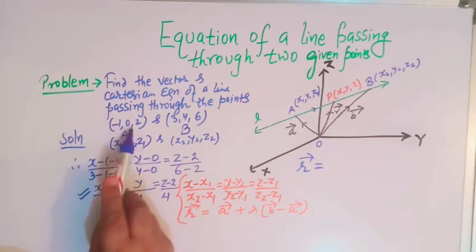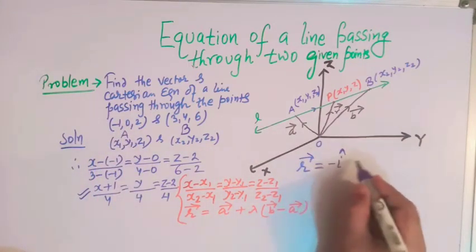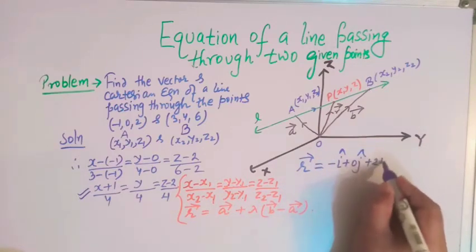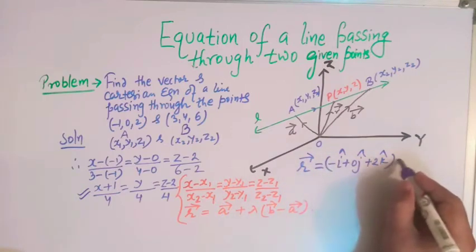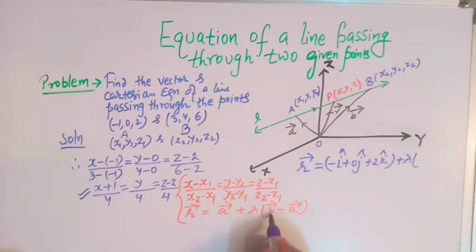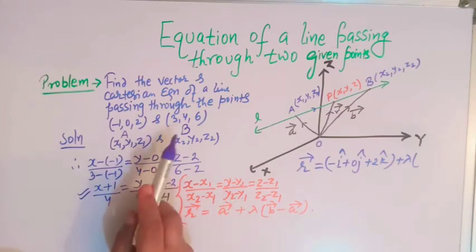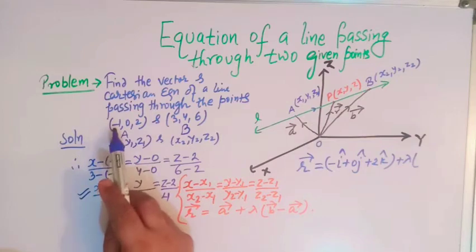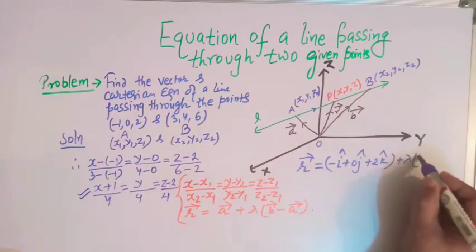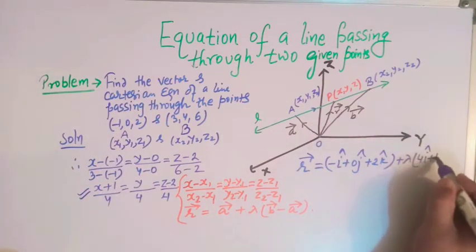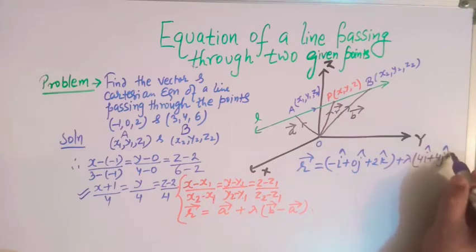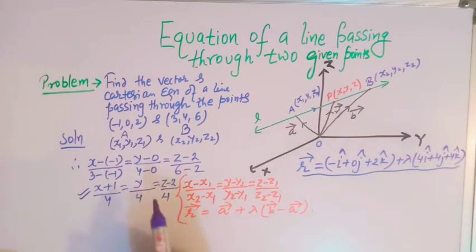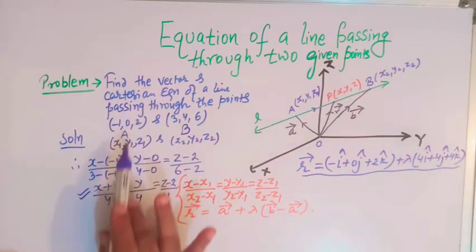Vector a is this, so we have minus i cap plus 0 j cap plus 2 k cap, plus lambda times (b minus a), this is vector b and this is vector a. So we have here 4 i cap plus 4 j cap plus 4 k cap, right? So this is the vector equation of this line.